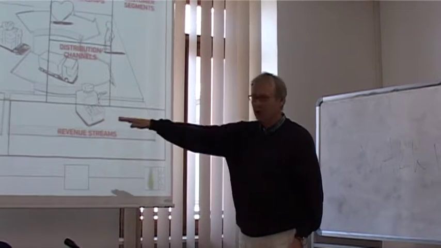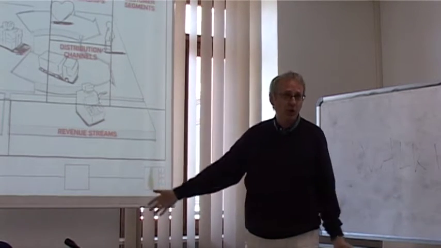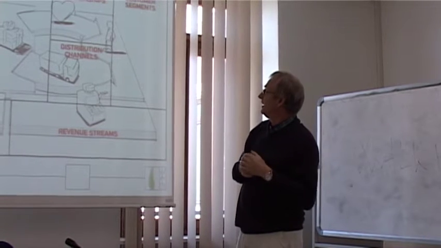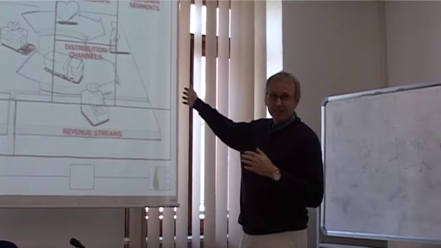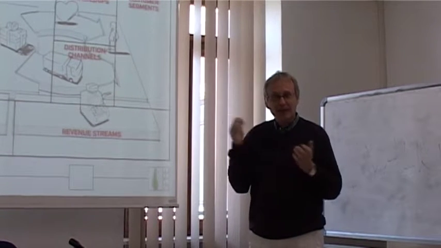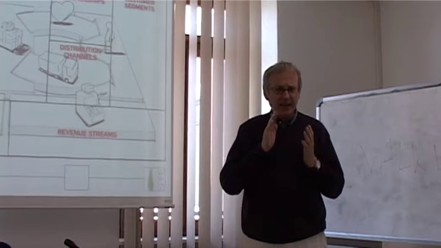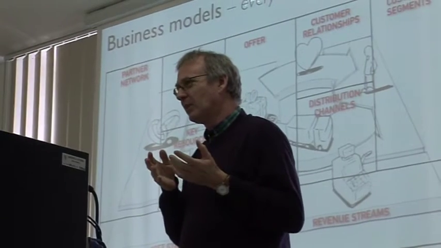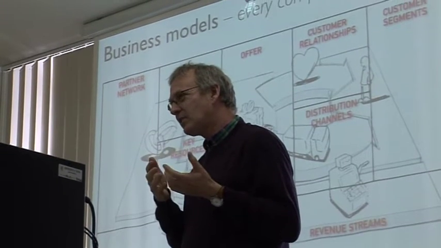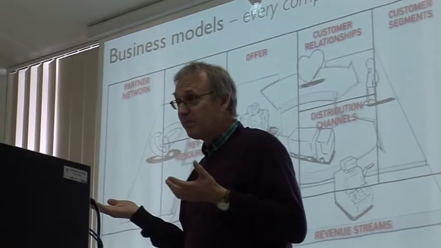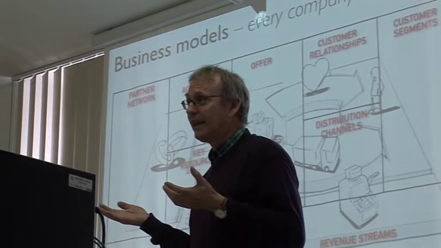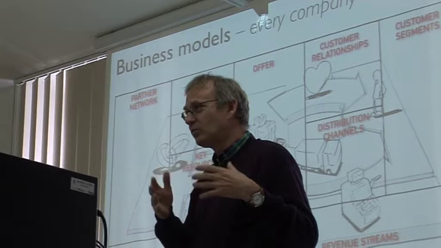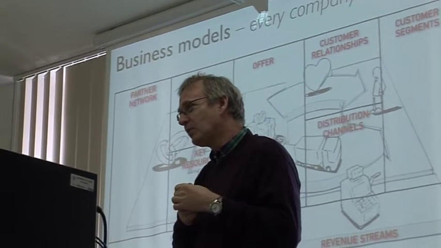Cost structure means what things cost and where the costs are. Customer segments means who your customers are. Basically, every company has a business model, but they may not be very clear about it. It's only if they get challenged, like by internet business, that you suddenly have to think hard about the way we've earned money so far. Will that carry on in the future?